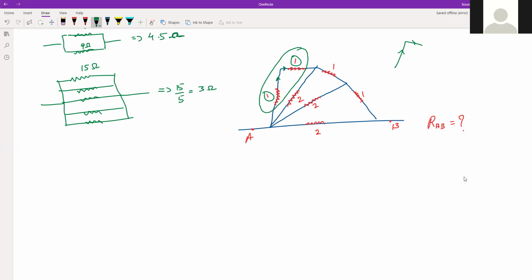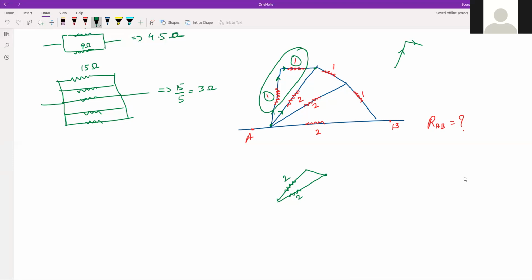And then if you see this and this, in this and this, current is getting divided. So that means the equivalent of this, which will be equal to 2, that will be in parallel to this, which is equal to 2. And they both are meeting at the same point. So these two are in parallel.